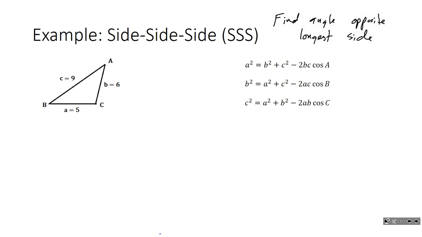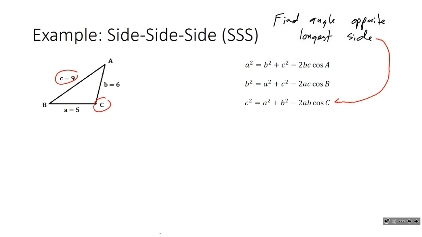Now what's the longest side in this problem? Well, it would be 9, so the angle opposite the longest side would be angle C here. That's always the first step with side, side, side. So let's start plugging in and see what happens.